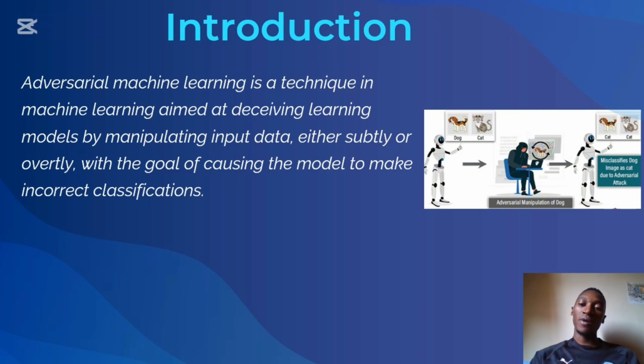As you can see in my image here, we have a robot or a learning model that can distinguish between a dog and a cat. But after adding some perturbation to a dog, it identifies it as a cat, which is misclassifying a dog image as a cat due to an adversarial attack.